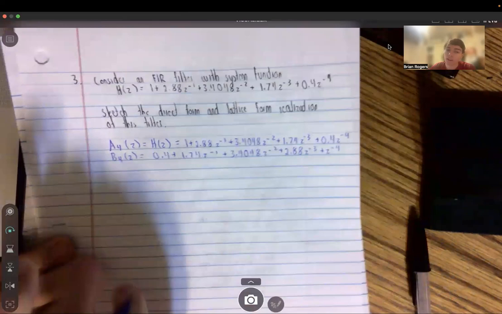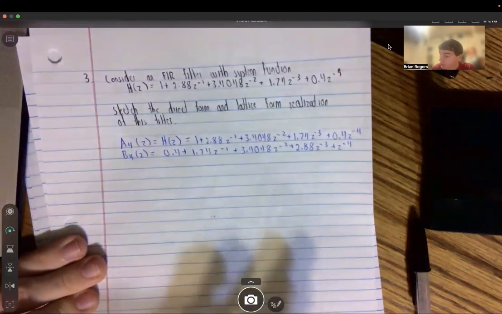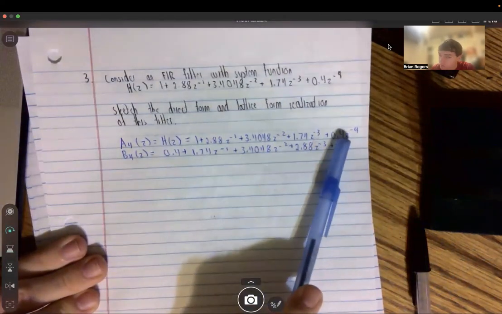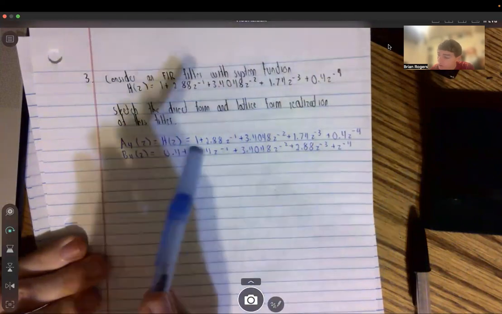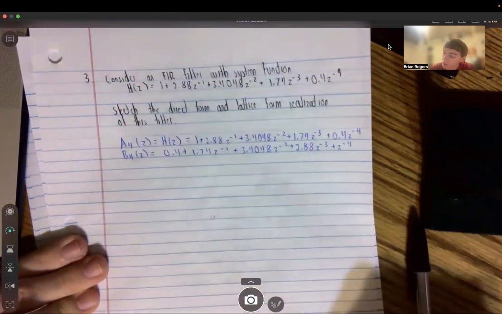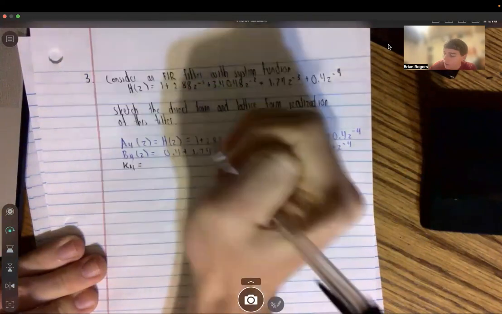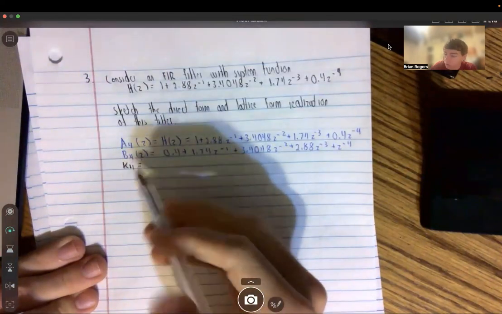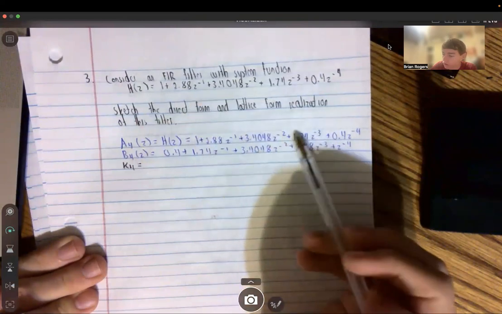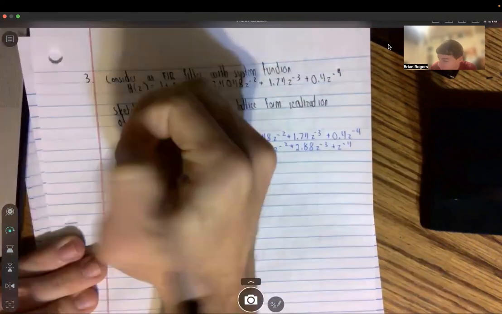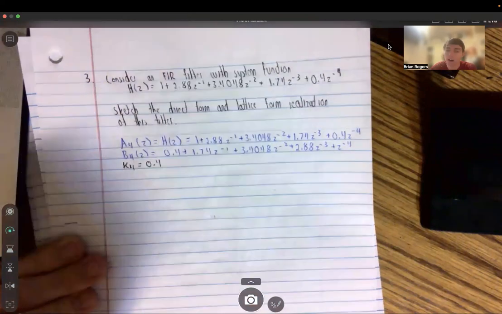So just flip-flopping our coefficients, what we notice here is our k of 4. It's the fourth one, right? So 0, 1, 2, 3, 4 is going to equal 0.4, that coefficient right there.